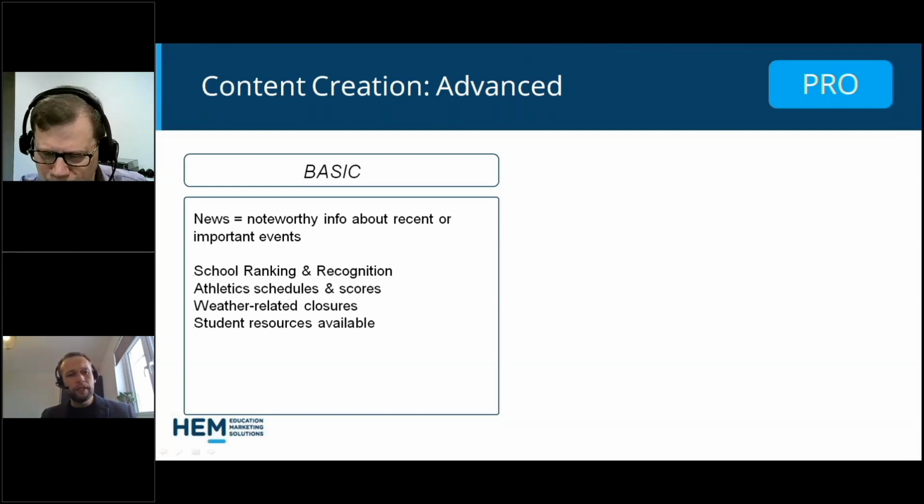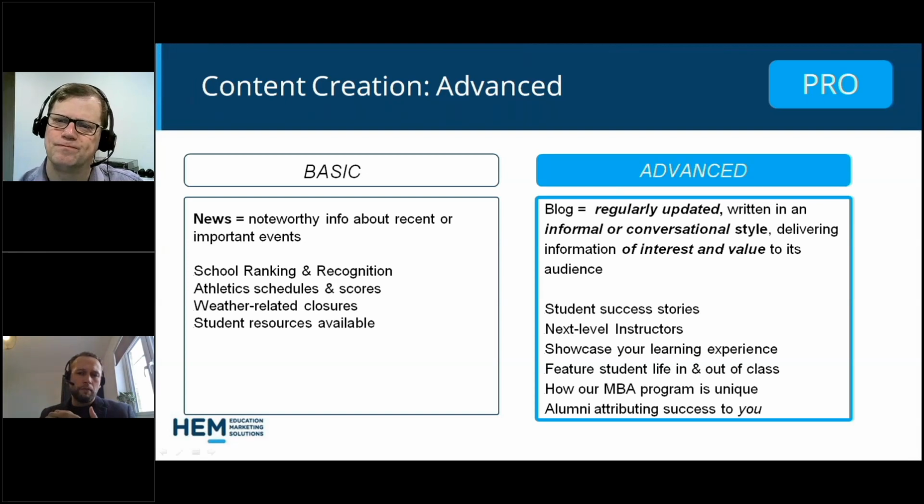However, if we want to talk about that student journey, we have to take the next step. And if we talk about advanced content, this is content that's designed to convince people and persuade them to take a next step and inquire with you, having read your blog and your social media posts. So it's about taking that next step in terms of student success stories.